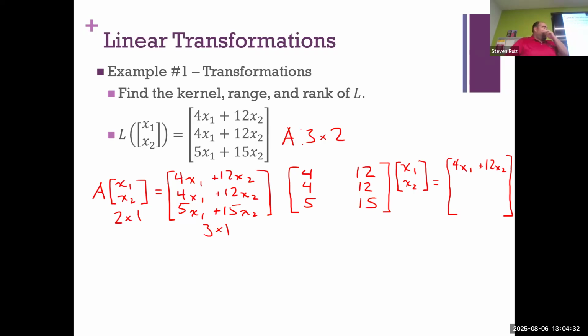So given a linear transformation, we replaced it with a matrix that we can multiply by a vector and do all the same effects, get all the same results of our transformation. So as we've said, the kernel is the null space of A. So the kernel of L is the null space of A. How do I find the null space of this matrix A?